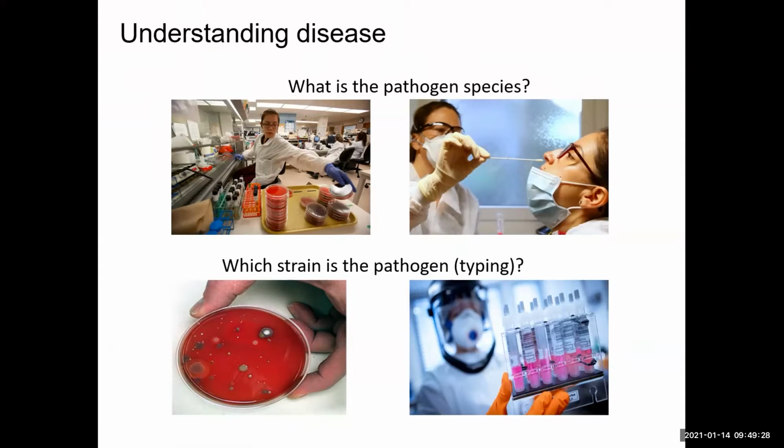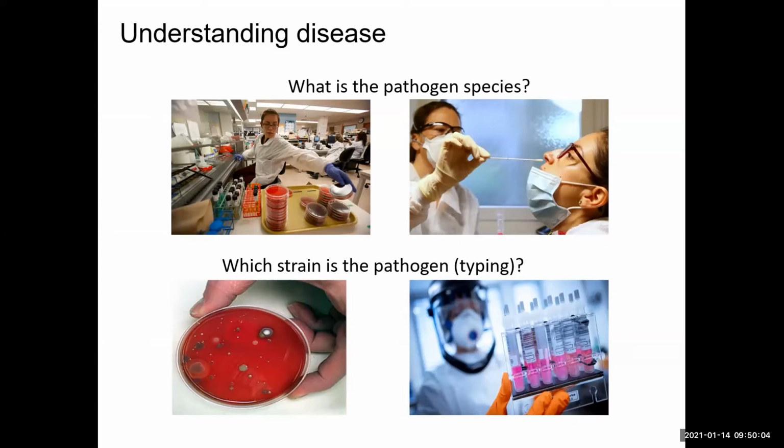Here's a microbiologist working with primary samples, typically blood, urine, sputum, cerebrospinal fluid, etc. From these primary samples from an infected person, we want to work out which organism is causing the infection. And in the top right panel, we have a standard nasal swab being taken, perhaps for somebody who may or may not have COVID.